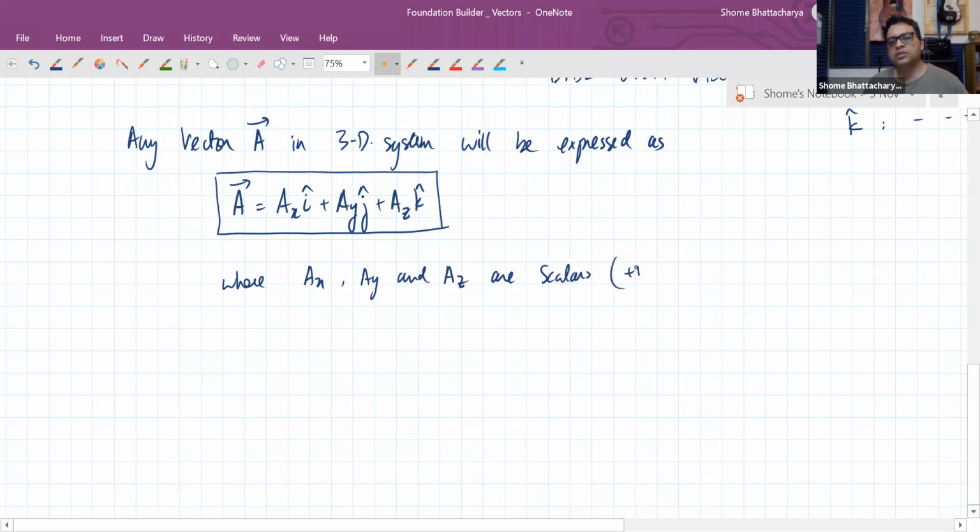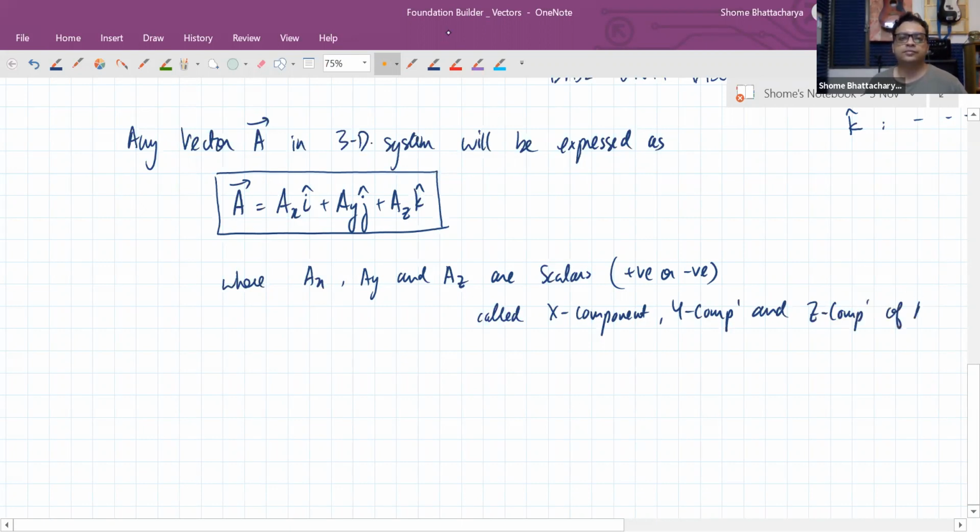They can be positive or negative, as may be the case. They are called the x component, the y component, and the z component of the vector A. And of course, we know what i cap, j cap, and k cap are.